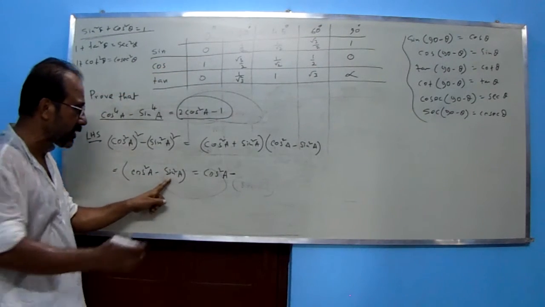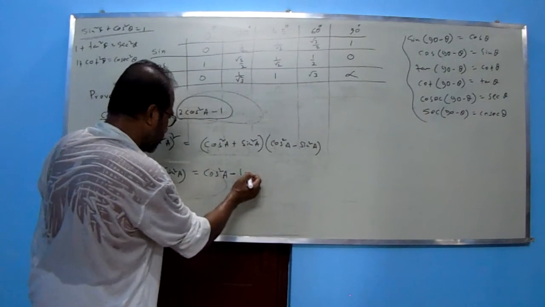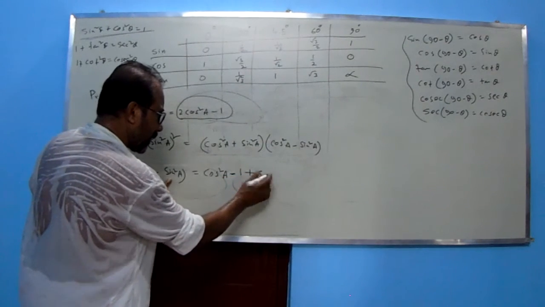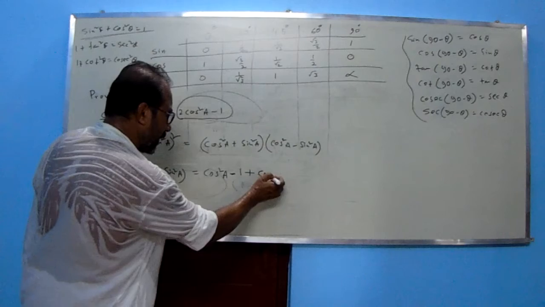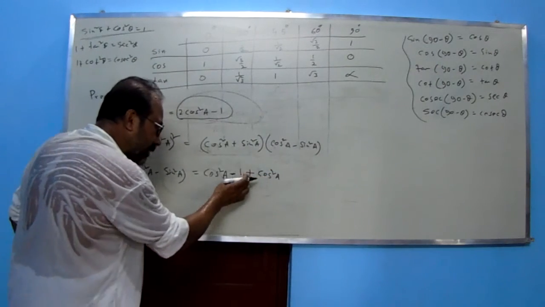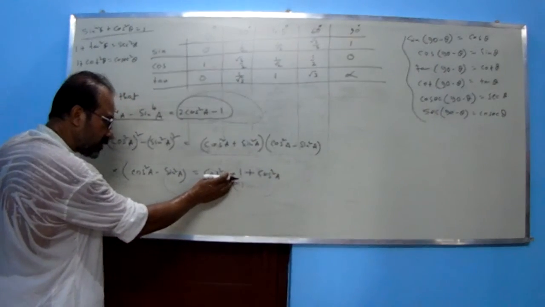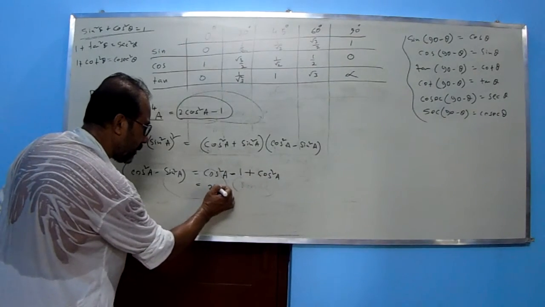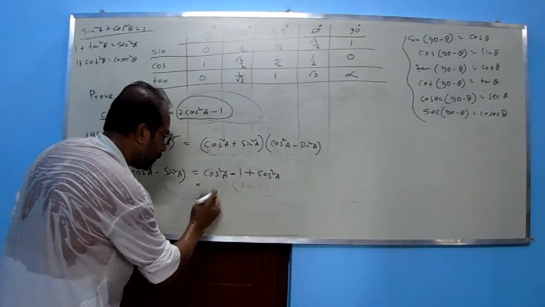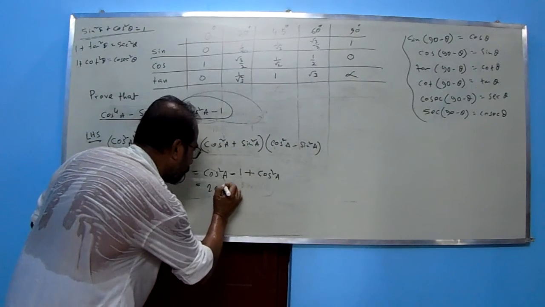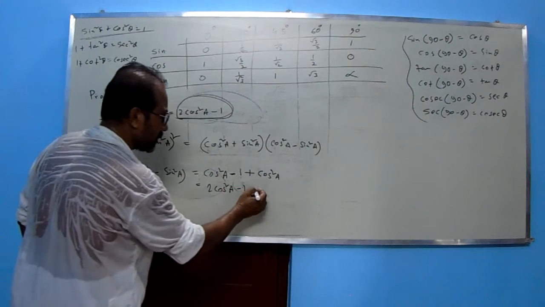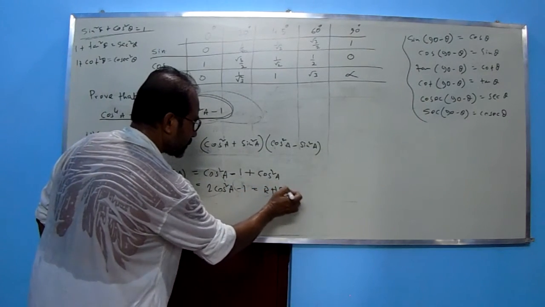Before it is minus, so it is treated as a plus. So cos square plus cos square means it is 2 cos square a minus 1. This is your RHS. LHS equals RHS.